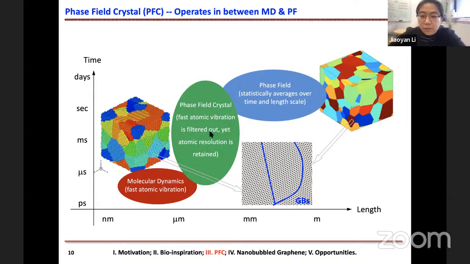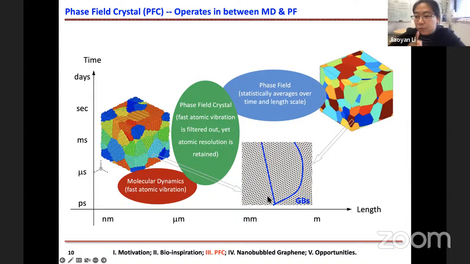And this picture shows a typical density field in phase field crystal modeling and simulation, where the non-uniform density area presents a grain boundary, as you can see from here. So there is a kind of transition from one grain to the other.